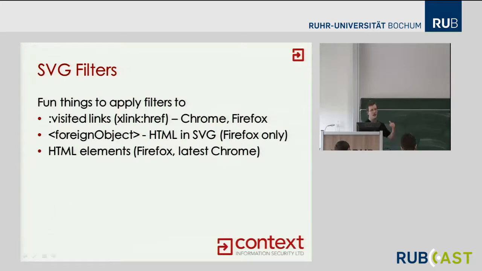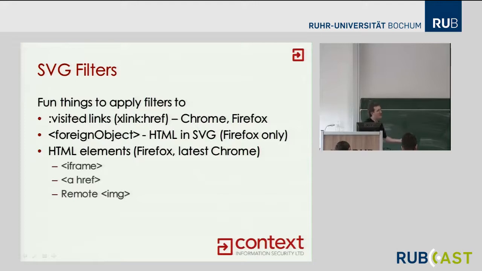So you can have an SVG filter that's defined in XML, but then you can load it into an HTML document and apply these fancy effects to any HTML element. And you can do that for iframes, you can do it for links that could be colored, and you can do this for images that are loaded from another server.